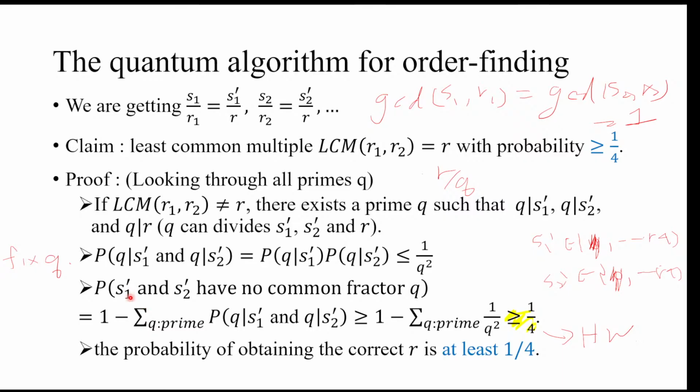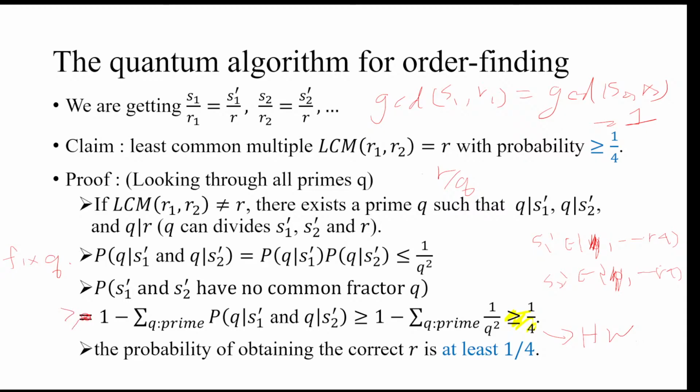So the probability of you having no conflict factor, by a union bound, is 1 minus the sum over any Q. This is no conflict, so I guess this should be a greater or equal here, because you are doing a union bound.